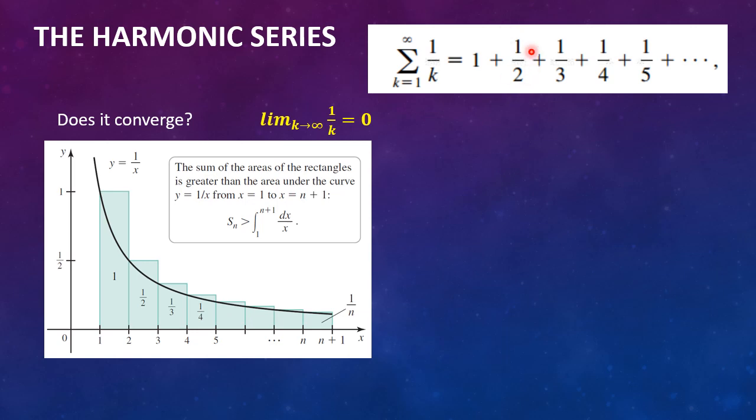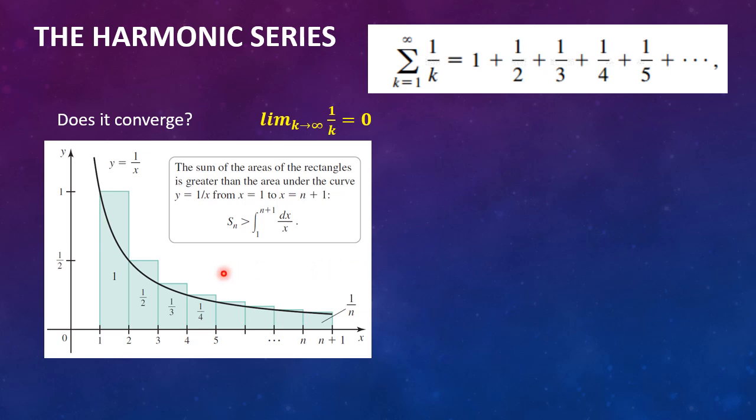The second area is 1/2, and the third area is 1/3, all the way to the last one, which is 1/n, as we go from 1 to n.